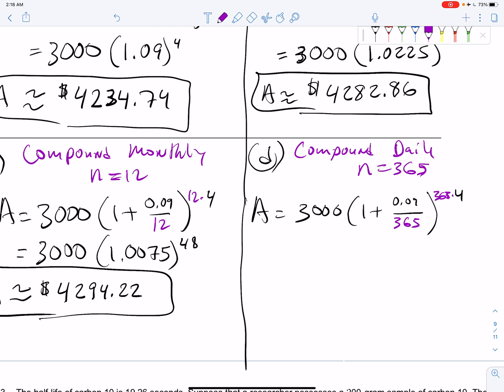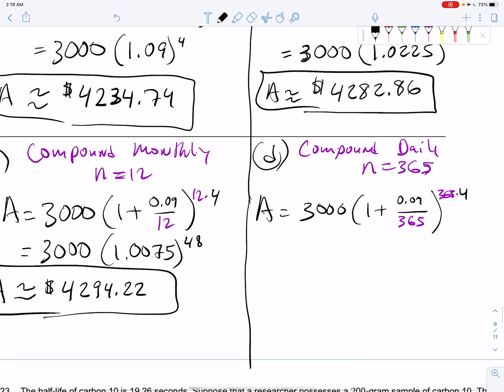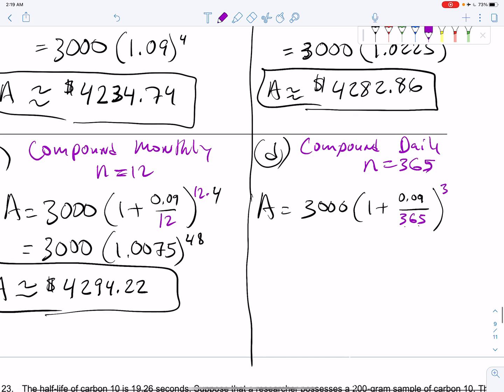So you're compounding daily, and I remember the first time I heard about that, that sounded too good to be true. Like, wait, it gets compounded every day at 9%. Well, let's look what's happening. The 9% is getting divided by 365 also, right? If this thing was getting compounded 365 times a year at a rate of 9%, it would be way bigger than anything else.